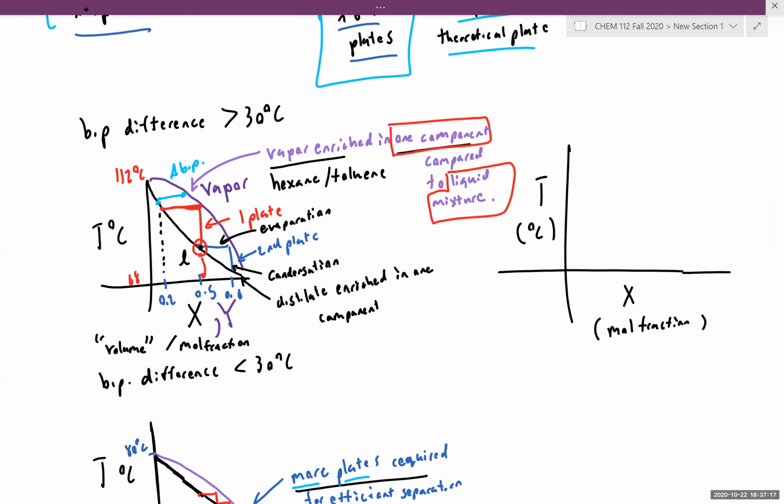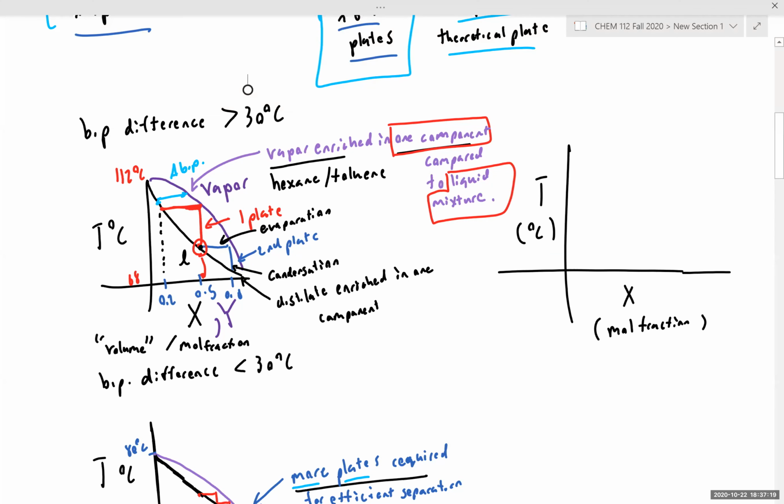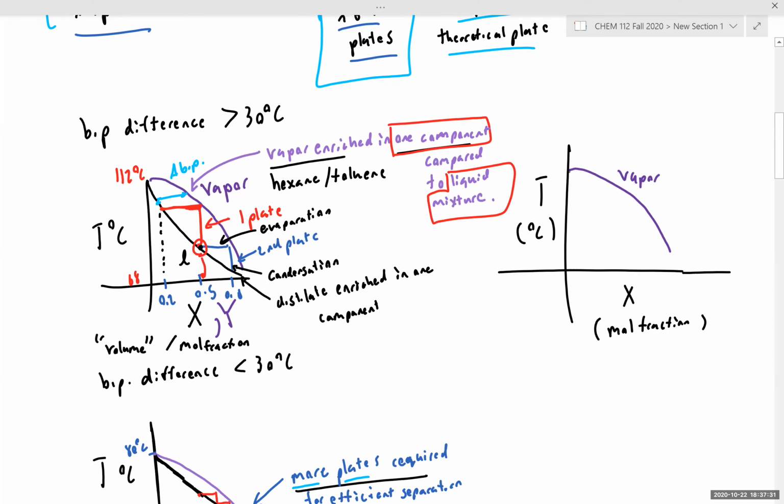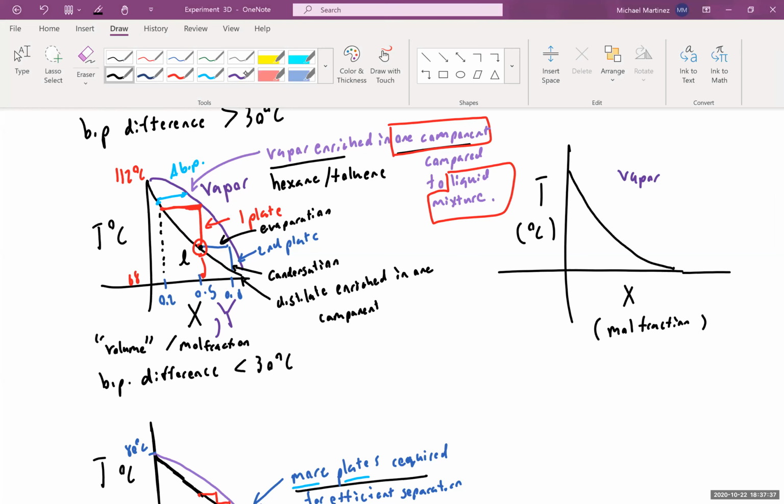For a mixture, we can look at the mole fraction present in the liquid and the vapor. So for example, we'd have our vapor phase and our liquid phase composition curve. The top will be our vapor, the bottom will be our liquid.